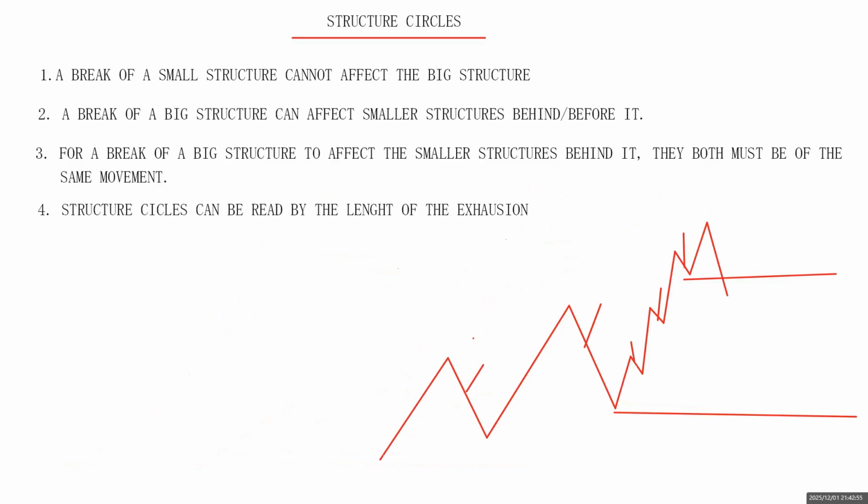Okay, so the next thing I'm going to be talking about is trend lines, which is the other tool that we mentioned about price action. So what goes on with trend lines?